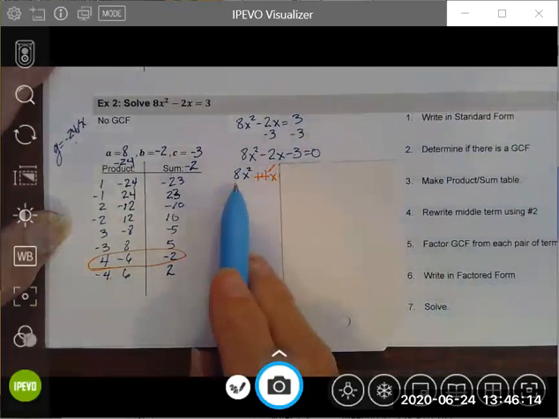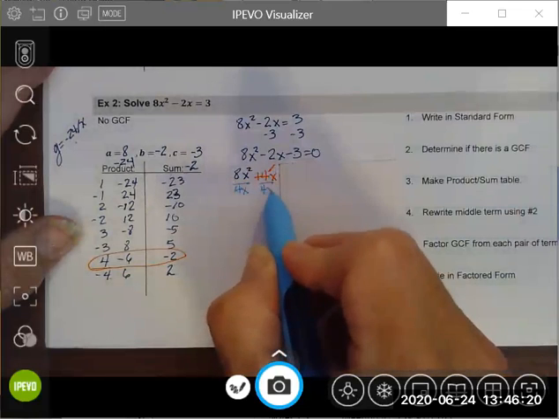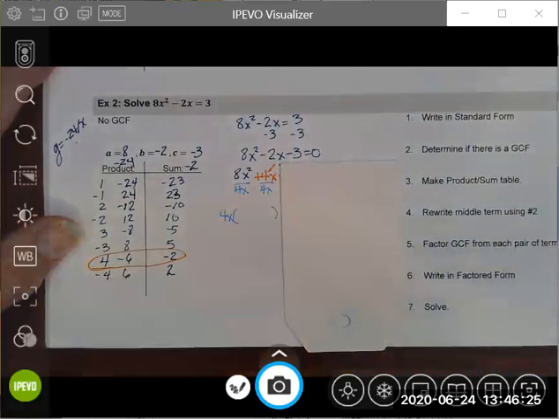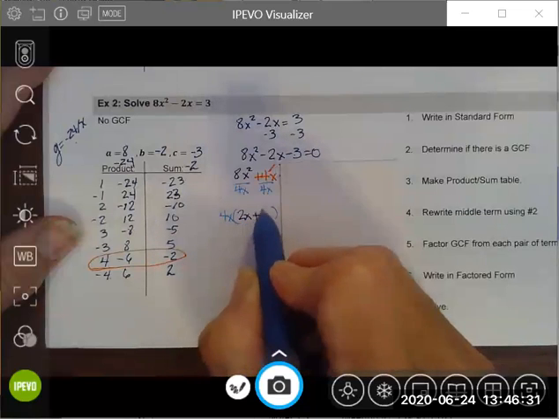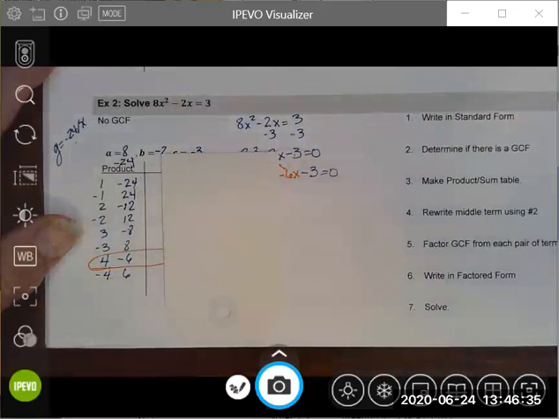The first one, 8x squared plus 4x, I notice has a greatest common factor of 4x. So 4x can be divided out, and when I do that division, I'm left with 2x plus 1. I can do the same thing for the next set of terms.